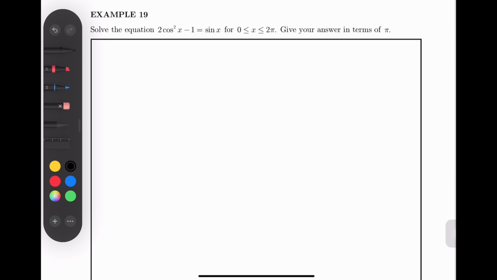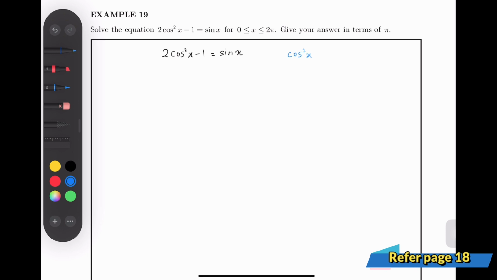Example 19. We have to solve the equation 2 cos square x minus 1 equals sine x, and we have to give the answer in pi. Okay, so let's start. Basically we know that cos square x plus sine square x equals 1.